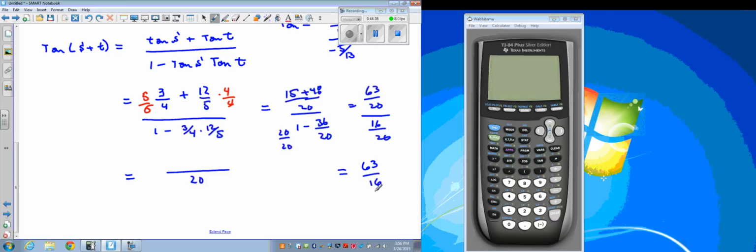Okay, now I've got to see what we did. This is that numerator, and this was that denominator.